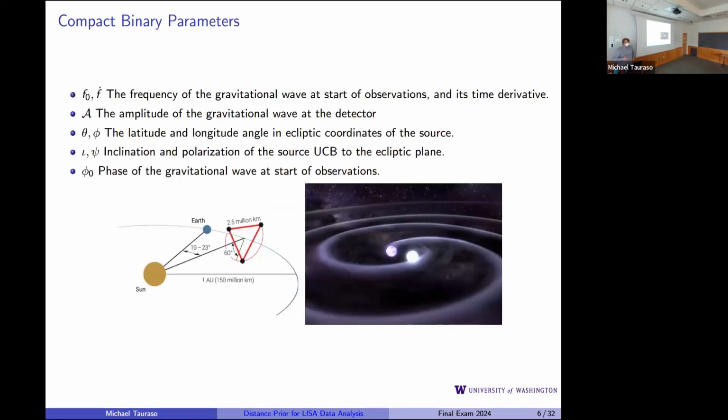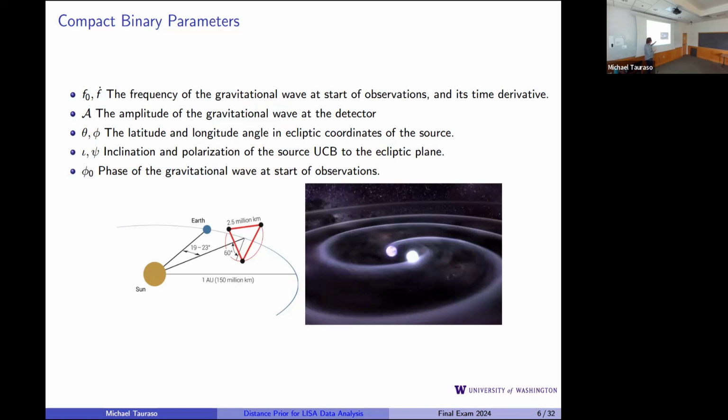When we talk about galactic binaries and matching waveforms for galactic binaries, the parameterization that generally gets used involves the frequency of the gravitational wave and its time derivative. The time derivative is generally very small in comparison to the frequency.